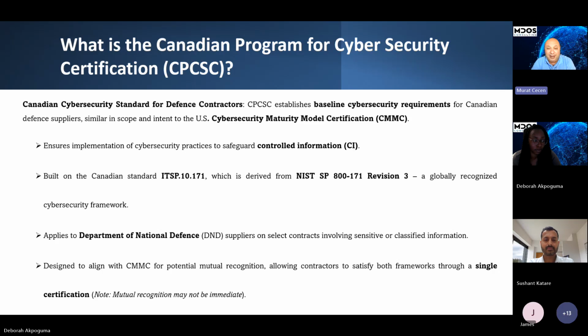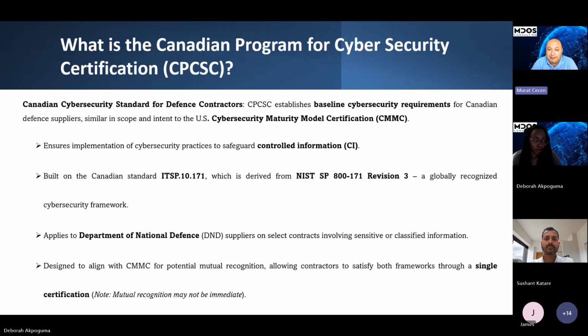But in a nutshell, for defense contractors, CPCSC is going to be enforcing that defense contractors actually adhere to some of the security requirements, right? And then what CSC has done is they have generated a document called, excuse me, ITSP 10171, which is derived from NIST SP 800-171 revision 3, right?